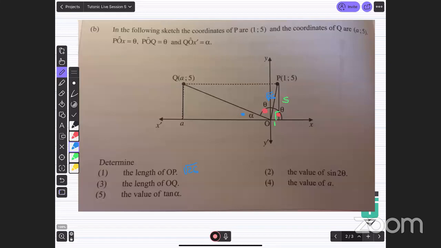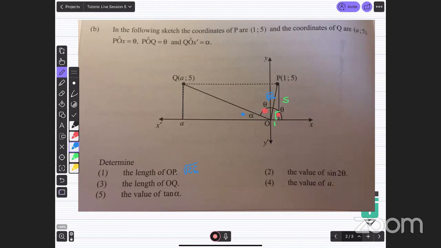OQ, what do you think? The length of OQ. Any ideas, guys?